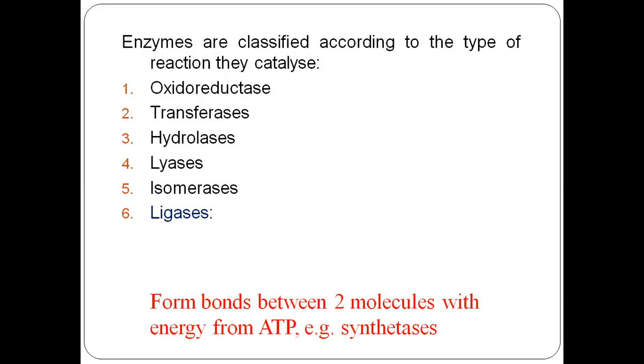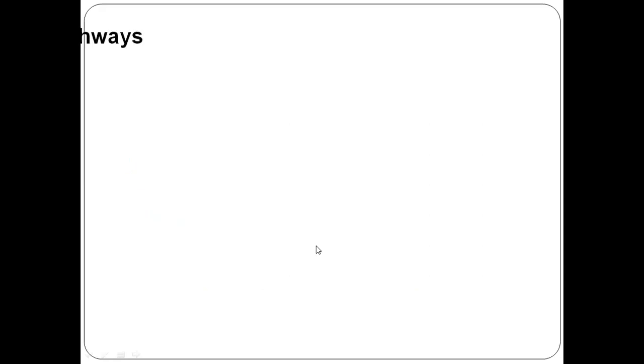Synthetases, which synthesize various compounds in the presence of ATP. Two bonds are going to be formed. And DNA ligase is an enzyme which is very, very important, and it is present in the DNA during the replication of DNA.